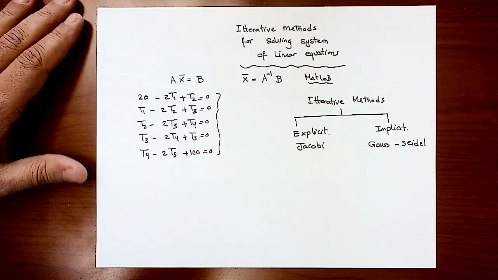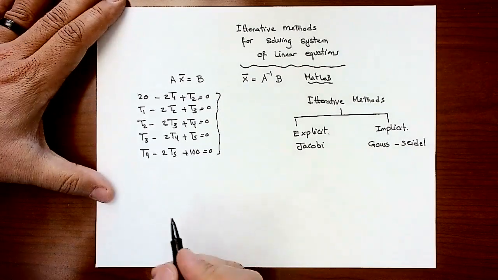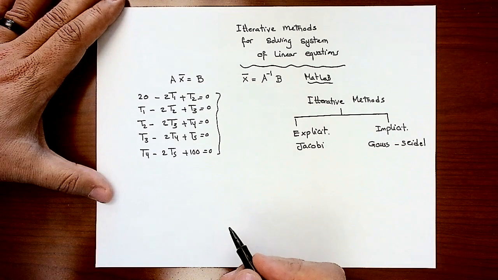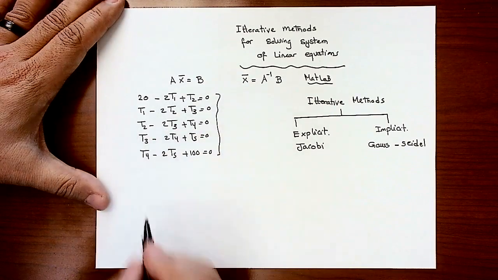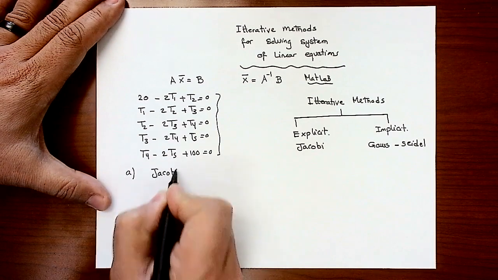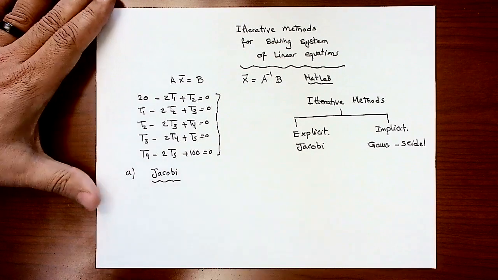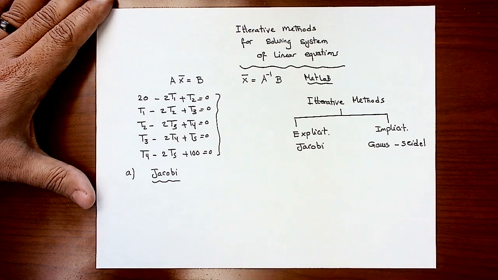So let's start with the Jacobi method, which, as I mentioned, is an explicit method to solve a system of linear equations. So this is my system of linear equations. I'm going to call it A. I'm going to start with the Jacobi method. And when you look at the technique we apply, you will understand why the Jacobi method is called explicit and Gauss-Seidel is an implicit technique.